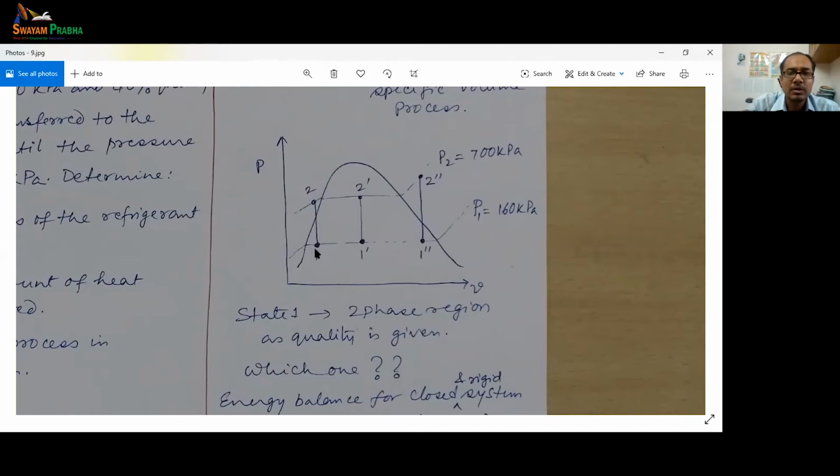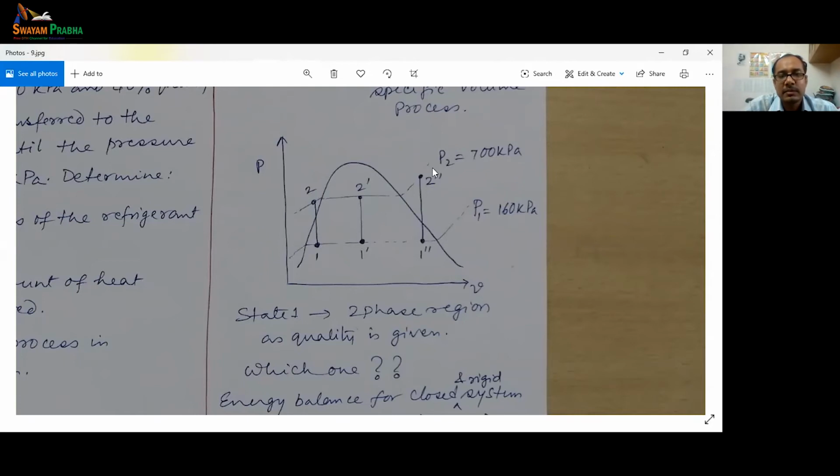Now first, one thing is given: the lower pressure is 160 kPa and the initial state is in the two-phase region, or inside the dome. So it can be here. Okay, and if you now follow constant specific volume to reach a higher pressure, which is 700 kPa, that's given.